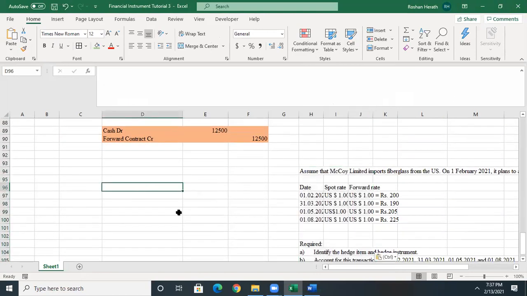What is the hedge item in this? Hedge item can be a recognized asset, recognized liability, highly probable transaction, or unrecognized firm commitment. That is what the definition says.